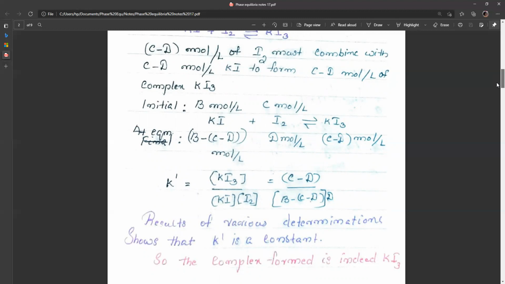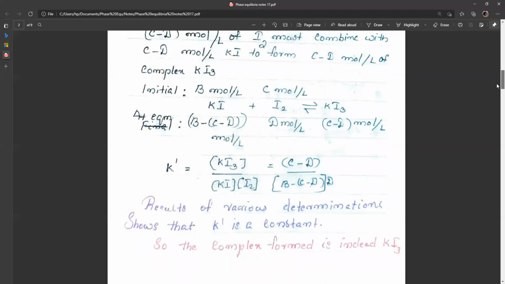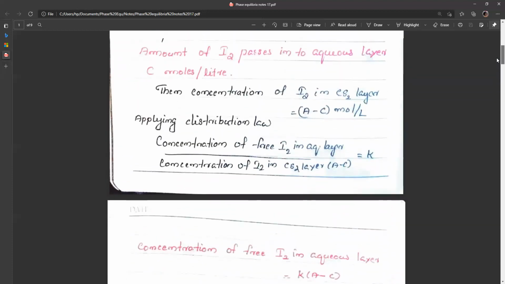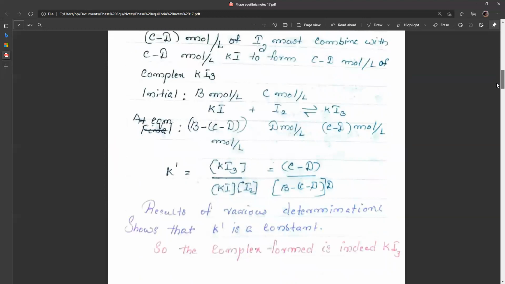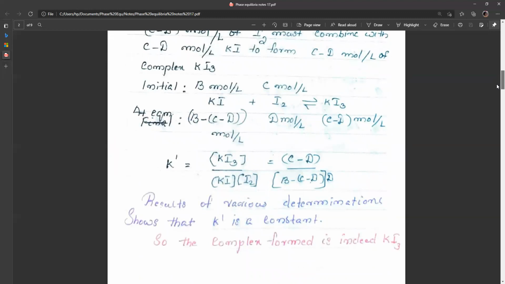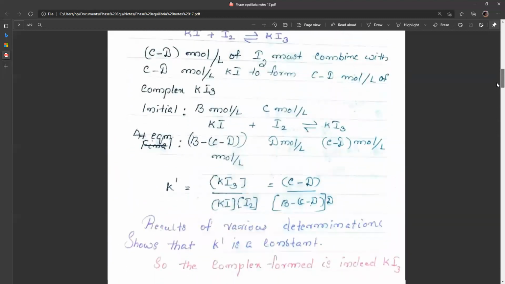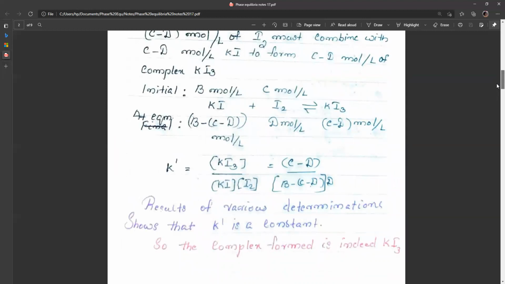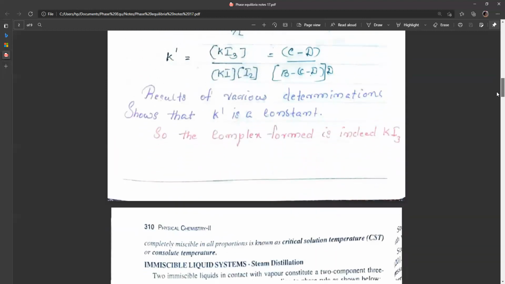So we can conclude that the complex formed between KI and I2 is KI3. Such complex reactions can be studied using Nernst distribution law. This is an example, and that's all with the applications of Nernst distribution law.